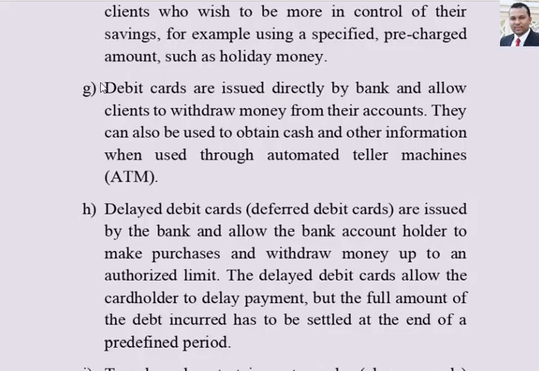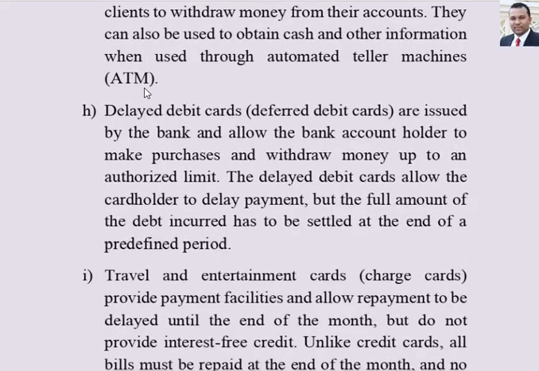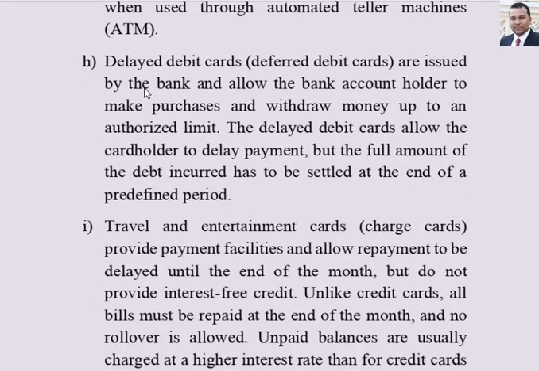Debit cards, two types of debit cards. First, the debit card: you can use it at an ATM to withdraw or obtain cash, and maybe your salary is transferred into this debit card. The next type is the delayed debit card, issued by the bank, which allows the bank account holder to make purchases and withdraw money up to an authorized limit.